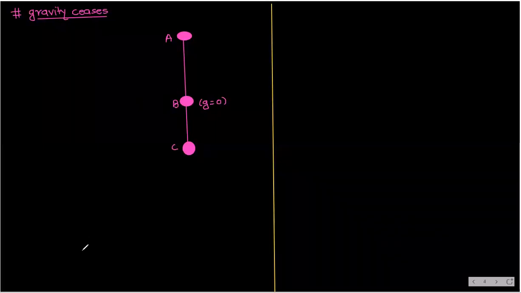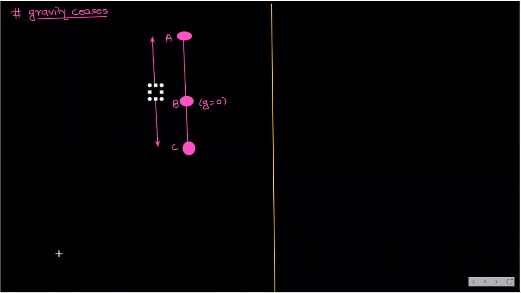And this is the height. Let us suppose the height is h. Now, as it is dropped from this point A, u is equal to 0. Now, what we have to find?